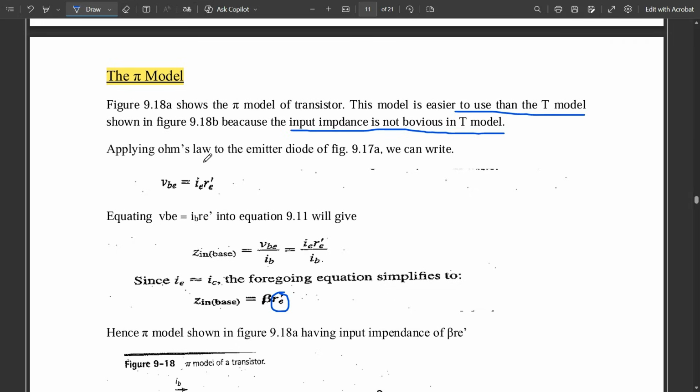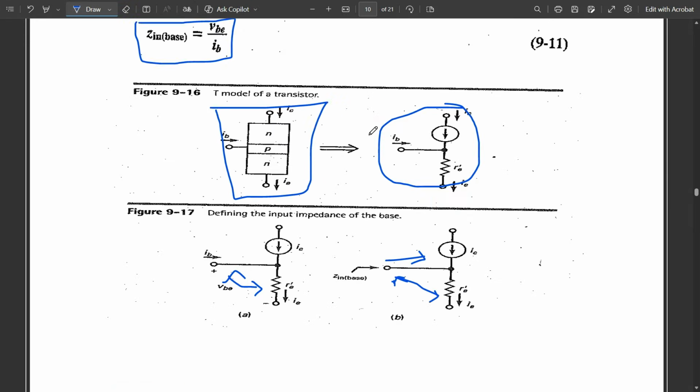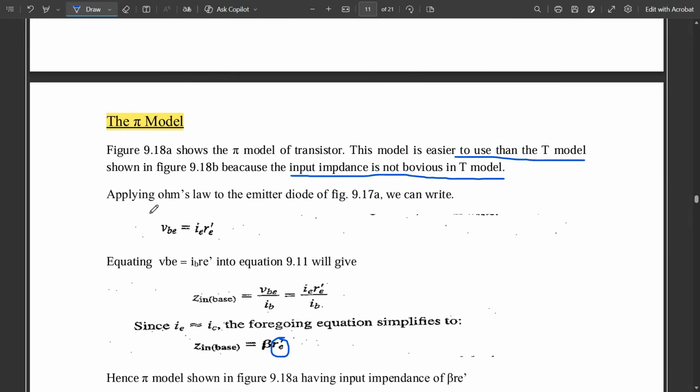Applying Ohm's law to the emitter diode of figure 9.17a, we can write VBE is equal to IE into RE dash, since we know that Ohm's law is V equal to IR. Here V is replaced by the AC component voltage, IE is the AC emitter current, and RE dash is the AC emitter resistance.